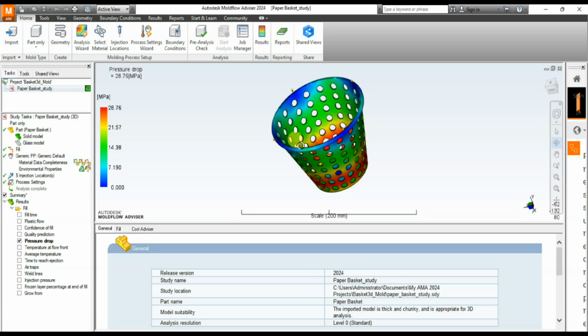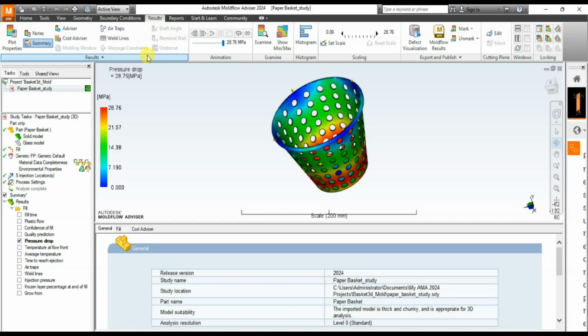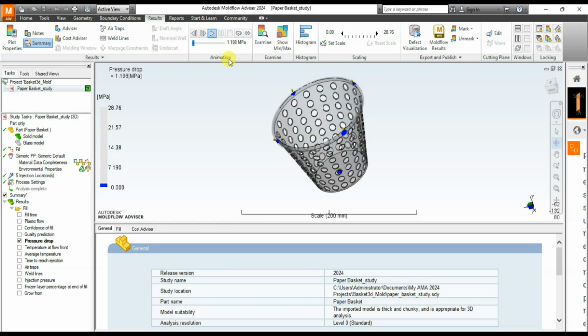I have 5 injection locations here, and those 5 are initiating at blue, it's bluish. So it is the pressure from the injection location to the place on the model at the moment that the place was filled. This is very important, and something that we should take note of.